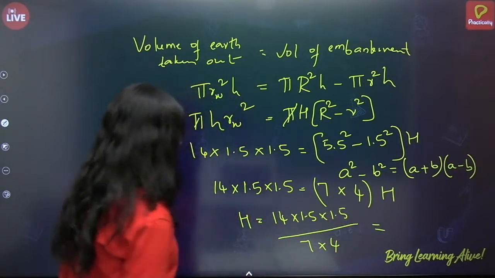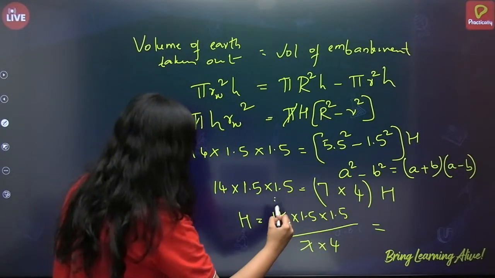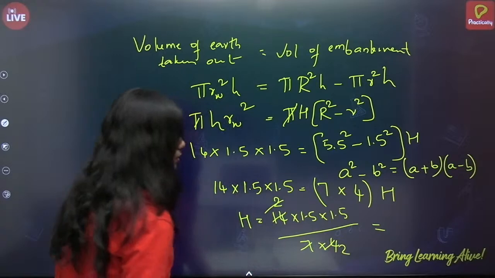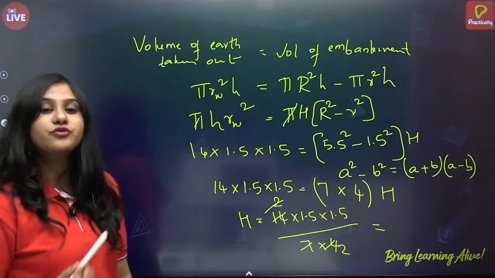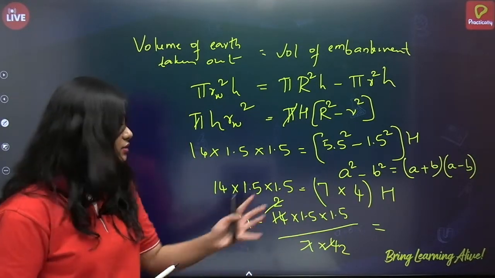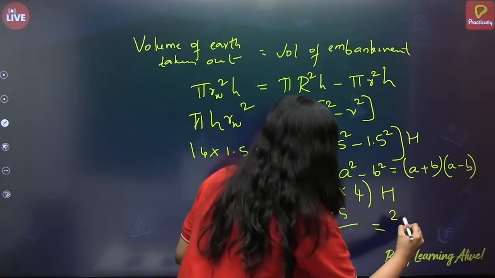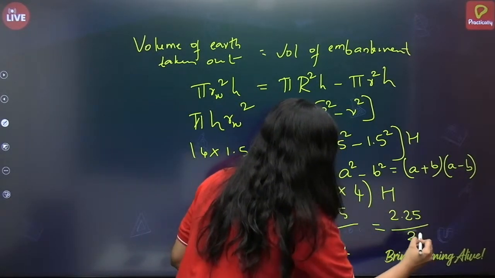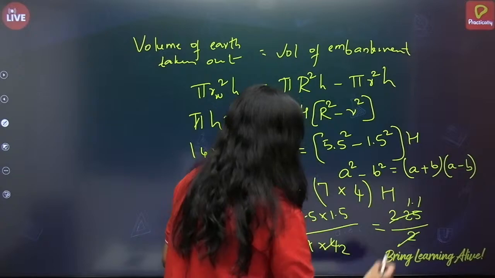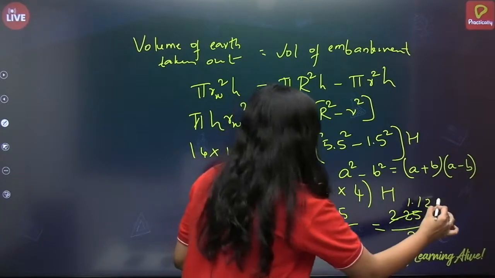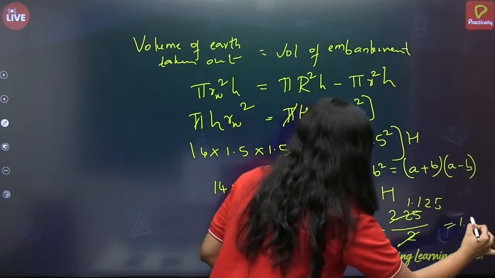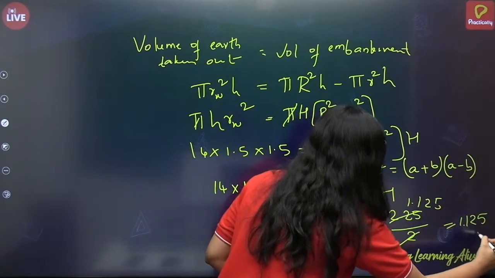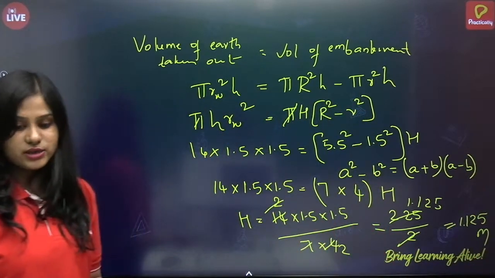Next, 7 times 2, 2 times 2. 1.5 into 1.5 is how much? 15 into 15 is 225. 2 decimal points. So 2.25 by 2. So 2 ones are 2, 2 ones are 2, 2 twos are 4, 1.125. So the height of the embankment is 1.125 meters.